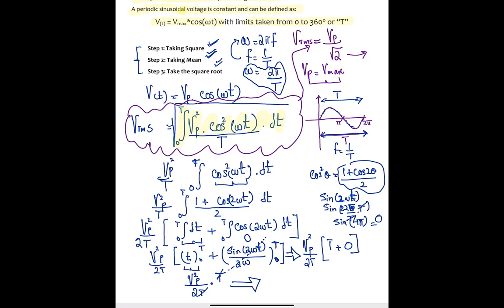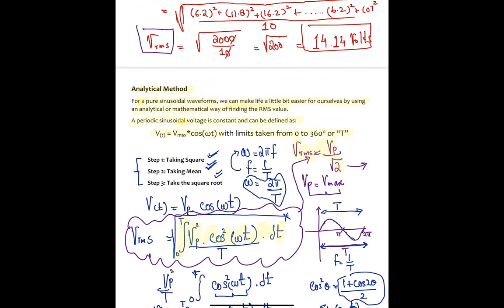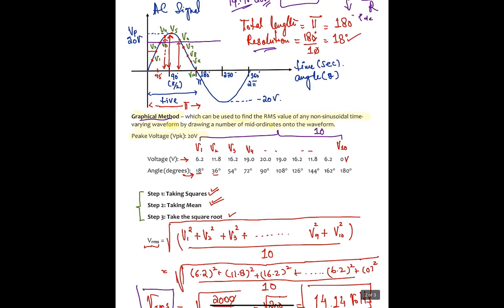Now remember, the square root which I skipped, I'm going to put that square root back on here, so I get Vrms equals under root V square p over 2, and I can also rewrite this equation as Vp over under root 2. So if you look at this equation now, Vrms equals Vp over under root 2 is what we have over here.